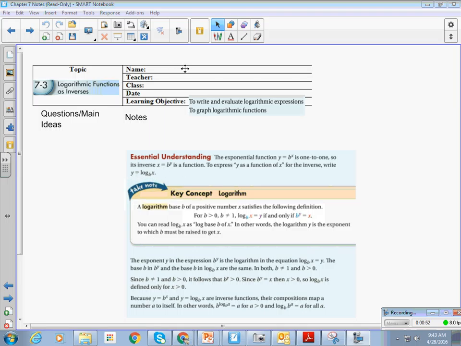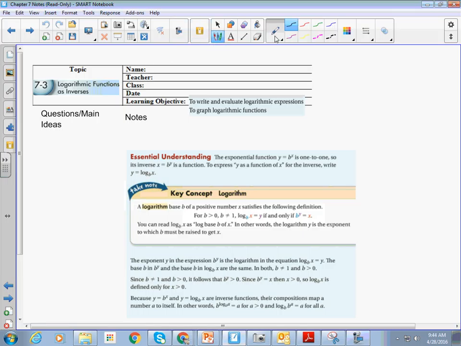Okay, so here's what I want you to write. A logarithm base b, I want you to definitely write down logarithm, base b of a positive number x satisfies the following definition. So I want you to write this here.